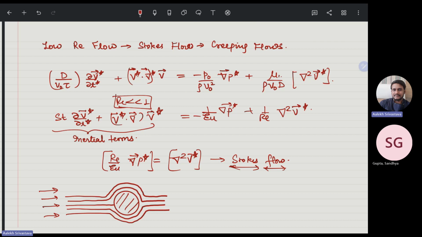This is the streamline for the flow, and at this point we have zero velocity, and at this point we have v0 as the velocity. So the velocity will vary in this way. This is low Reynolds number, and we can simplify: the inertial term can be neglected because it is a low Reynolds number and steady state problem. In this way you will solve this equation.